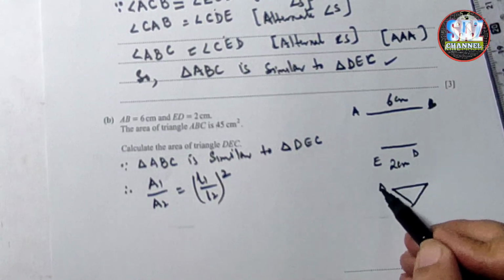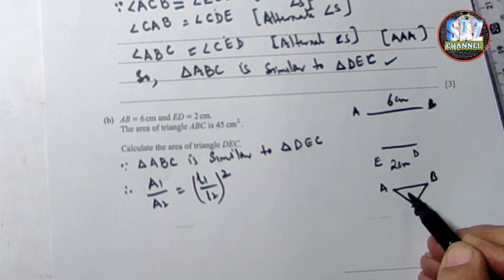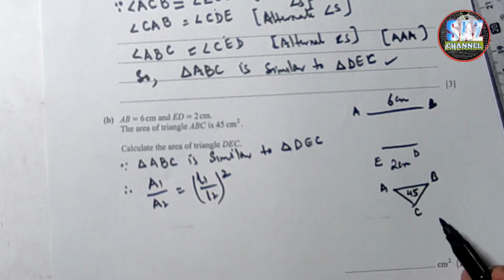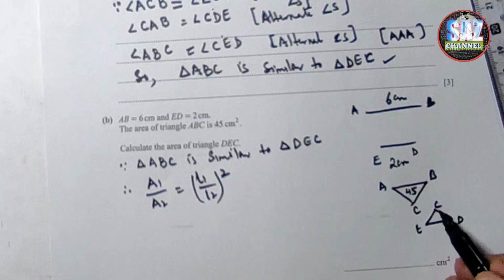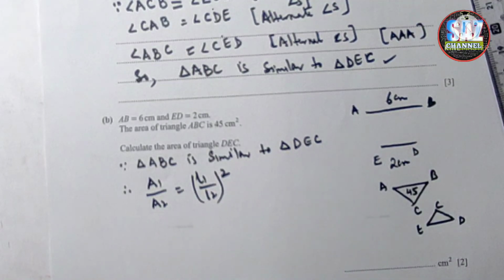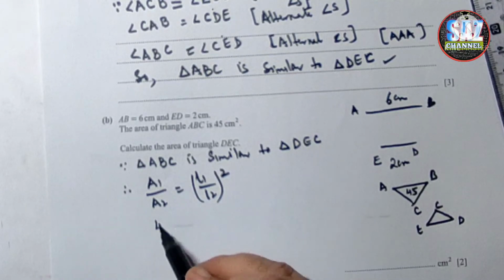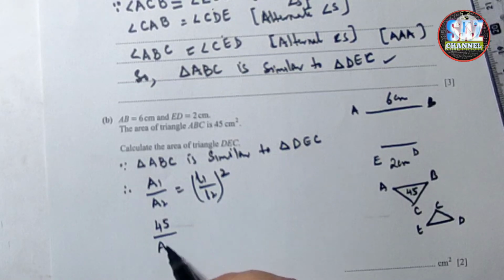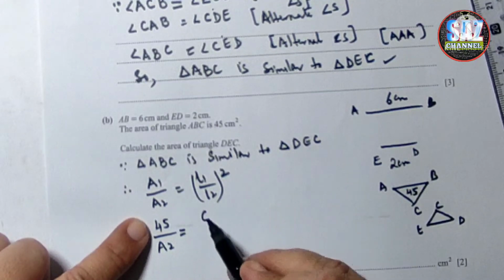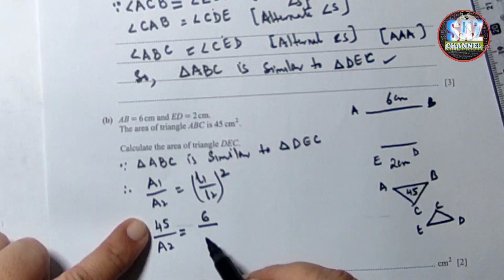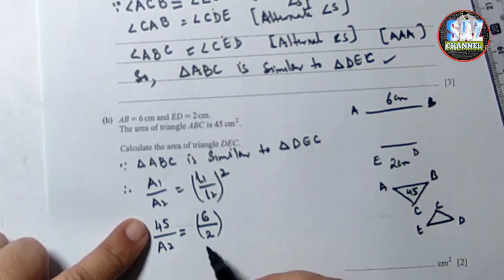Let me draw the figure here: A, B and C, this is 45, and we have to find the area of triangle DEC. If I take area 1 as the area of triangle ABC, then 45 upon the area of triangle DEC, A2, equals L1 upon L2 whole square. As 45 is the area of the bigger triangle, the corresponding length is 6 upon L2, which is 2, whole square.